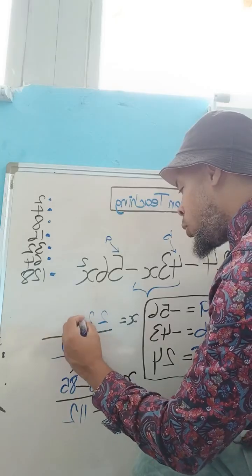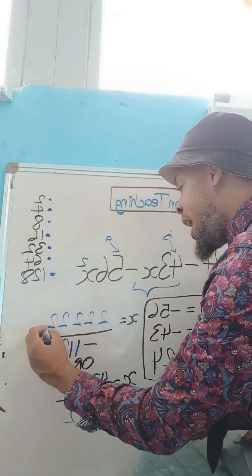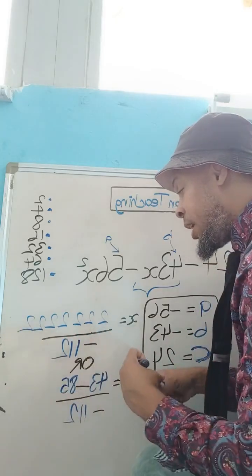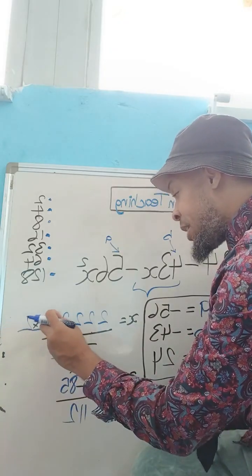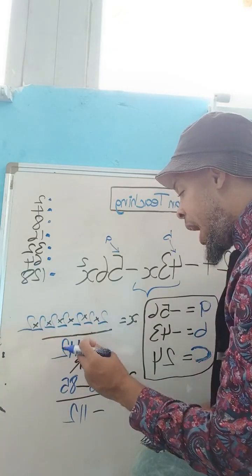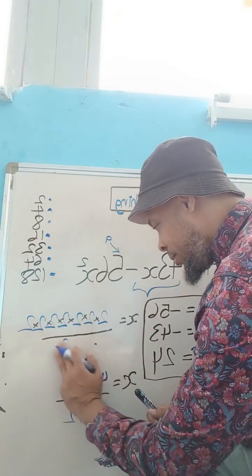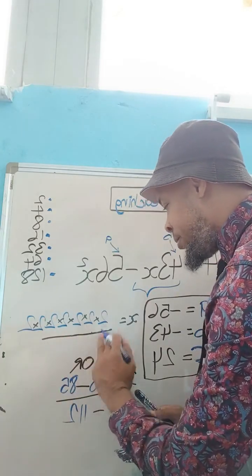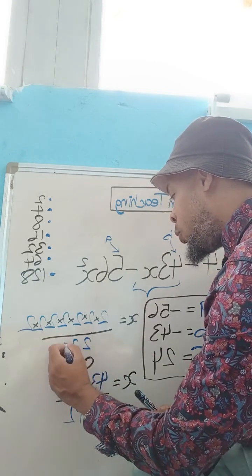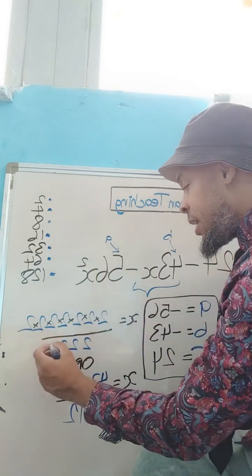So for example, 128 is what? 1, 2, 3, 4, 5, 6, 7, right? So you have 7 2's up here, and then 112 is 56 times 2. So you're going to have 1, 2, 3 for the 8, and then the 7.